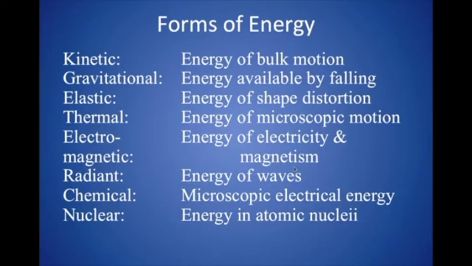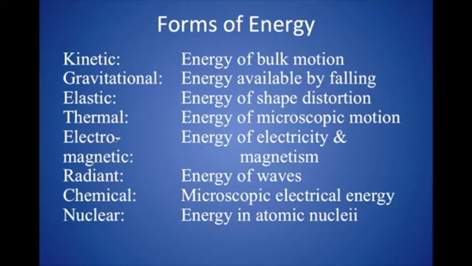And then just sort of a little more complete list here. So we've got kinetic energies, the energy of bulk motion, gravitational energy, energy available by falling. Elastic energy is the energy of shape distortion. Thermal energy is actually the energy of microscopic motion of the atoms moving around.